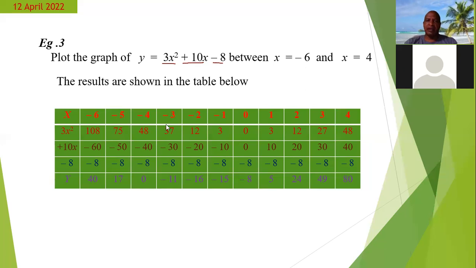-3 squared will give you +9. And so -3 squared give you +9, and then you multiply by 3. So 3 nines give you what? I think this should be 27, shouldn't it be?